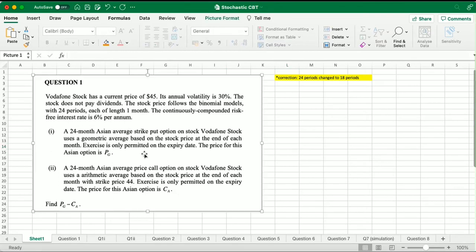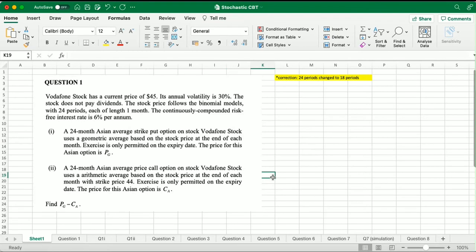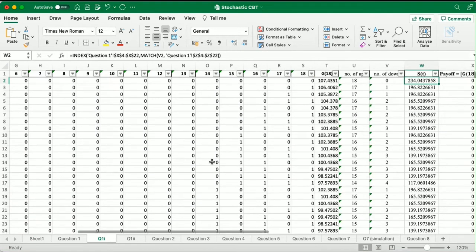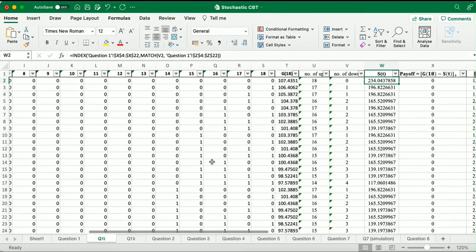To calculate the geometric average and arithmetic average for each path in the binomial model, we need to use Python to do the coding.